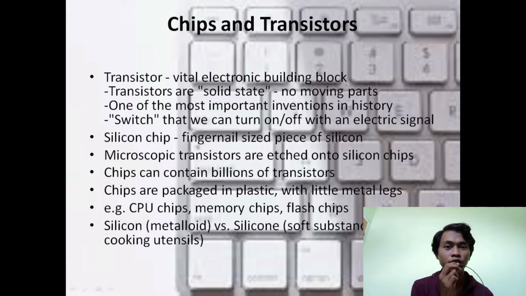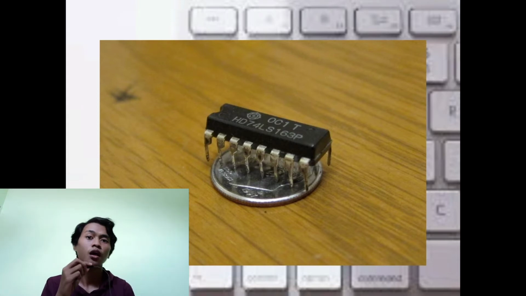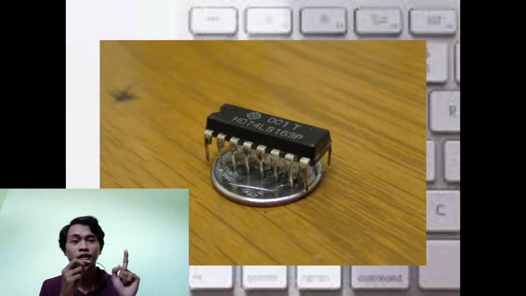Silicon chip, a fingernail-size piece of silicon. Microscopic transistors are attached onto silicon chips. In this picture, here is a silicon chip inside its plastic package. I pulled this out of the waste pile at the stage building, so it's probably kind of old.